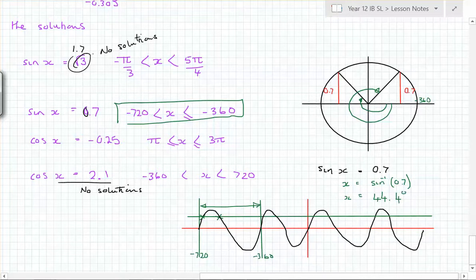Alright? Clearly, that's not within my domain. But what I do know is that the calculator has given me that solution. Alright? So that would be like, on my circle, going that way round and getting 44.4 degrees. So how can I use that to my advantage?